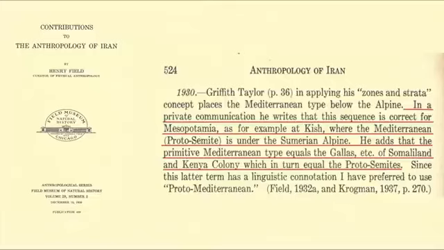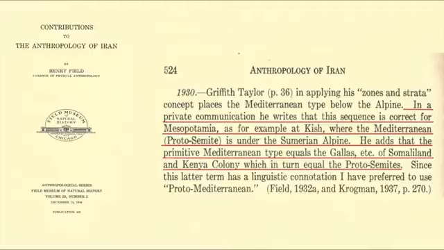But continuing with Proto-Semites from an anthropological or biological perspective, this source, Contribution to the History of Iran, says that in a private communication, he writes that this sequence is correct for Mesopotamia.